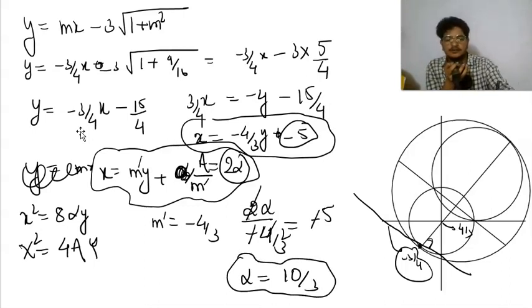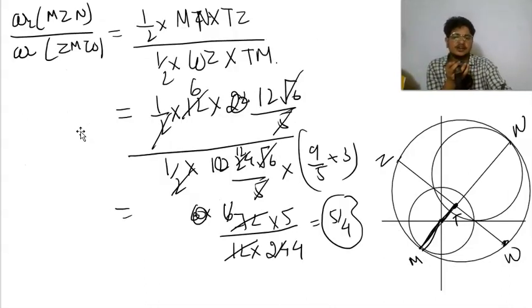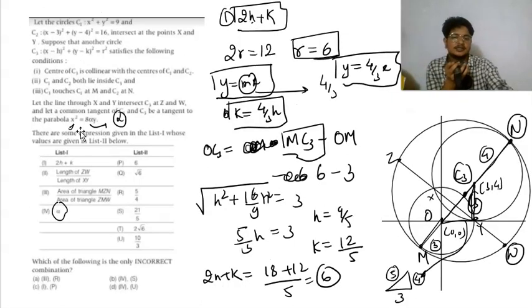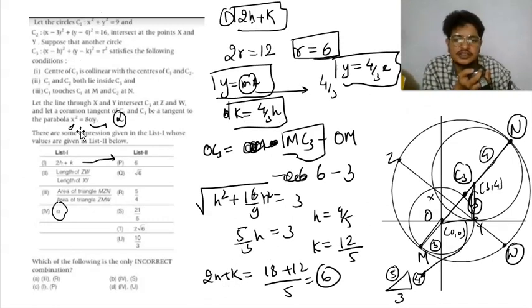Now we already know that alpha is equal to 10 by 3. The area of triangle MZN upon ZMW will be 5 by 4, it is equal to √6, and the last one will be 6. So 2h plus k is equal to 6. Length of ZW upon length of XY will be √6, and the length of this one will be 5 by 4.